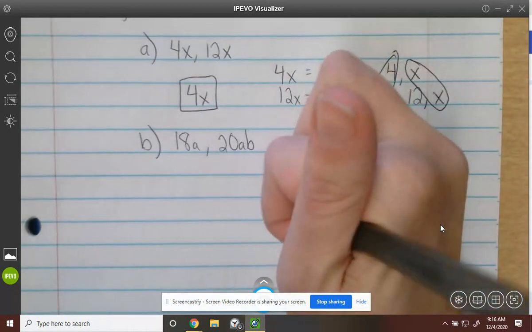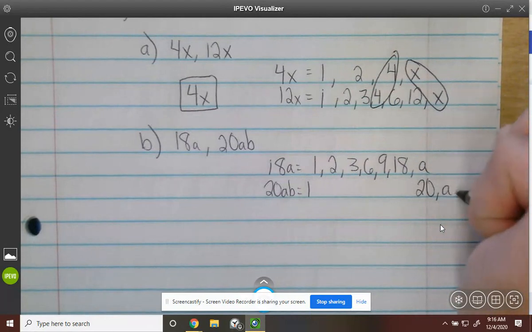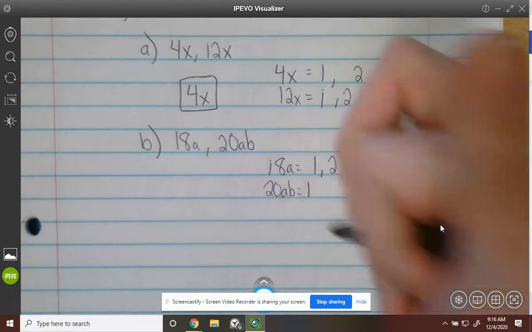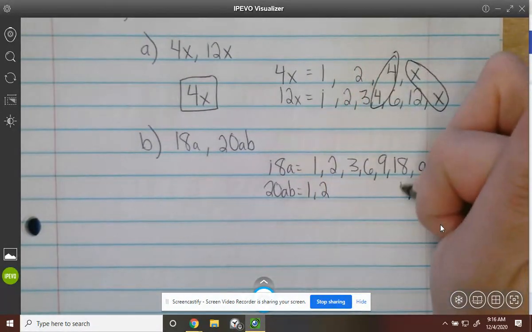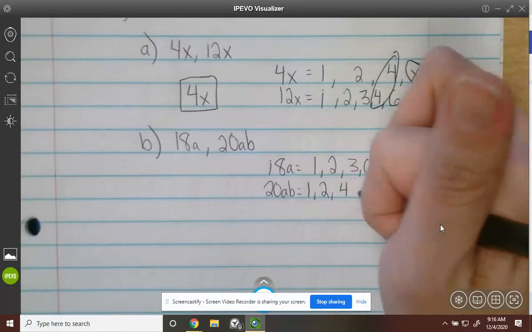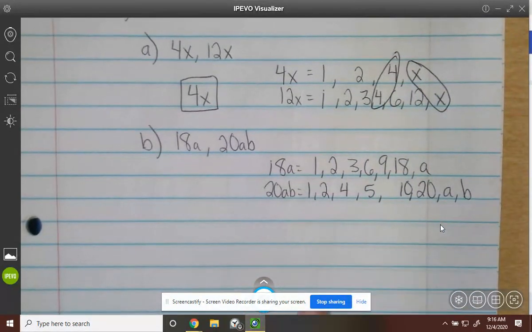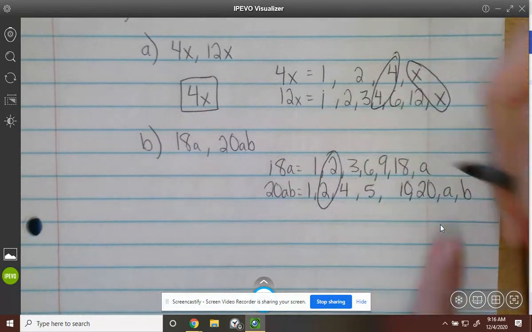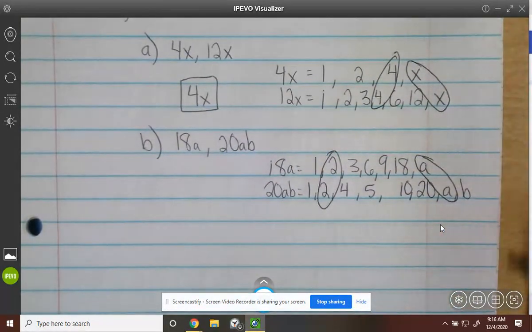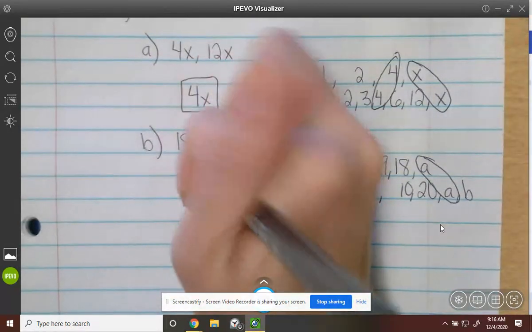And then 20, A, B. I got 1, 20, A, and B. 2 and 10, 4 and 5. Get a lot more space there. So my biggest number is actually 2. And then the only variable that is in common is A. So my greatest common factor here is 2A.